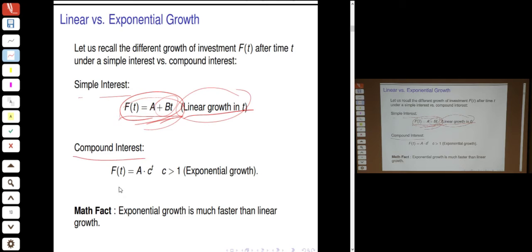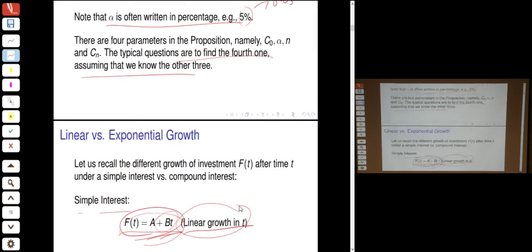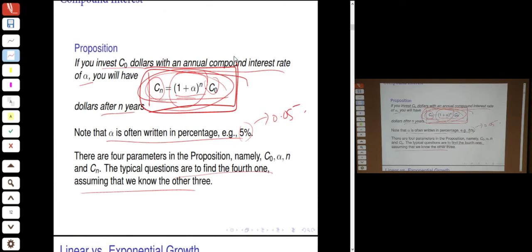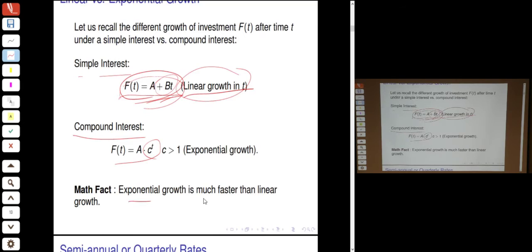Compound interest is exactly exponential growth, f(t) equal to a times c to the power of t, which is exactly of this form. So just replace n by t, okay. And exponential growth is much faster than linear growth for c bigger than 1, okay, c bigger than 1.